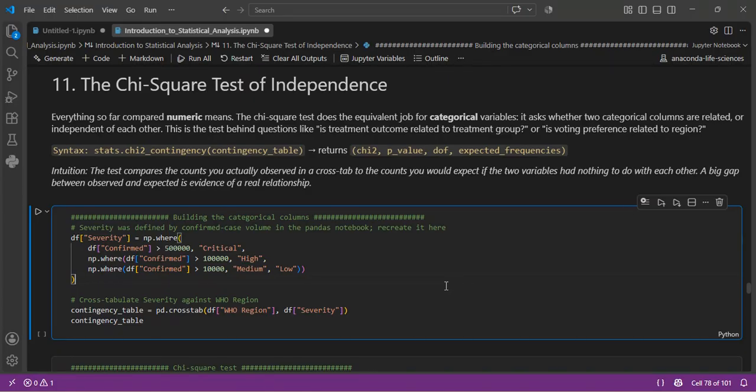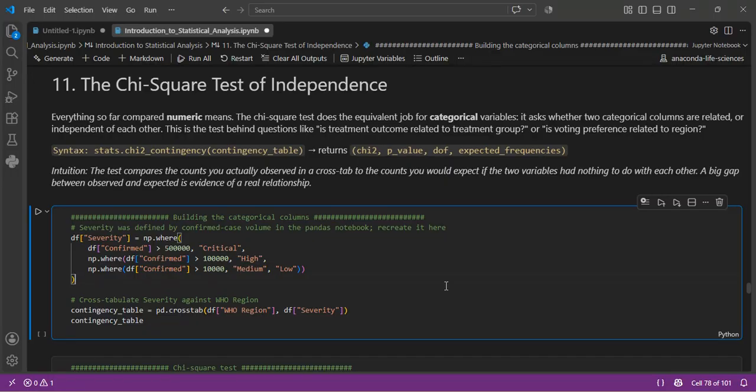Categories can be ordinal, nominal, and so on. So in this case, we use the chi-square test to check whether two categorical columns are related or independent, not related.